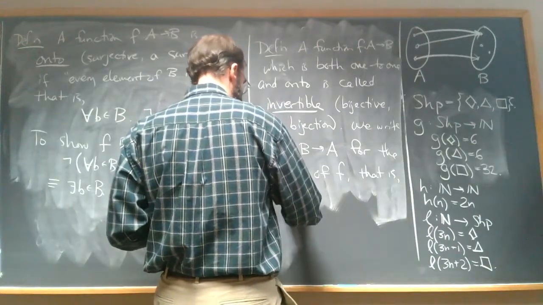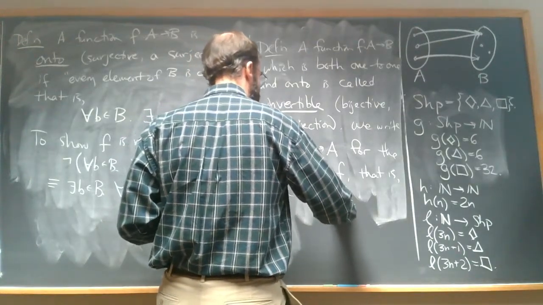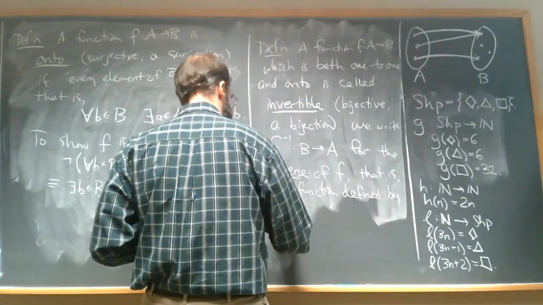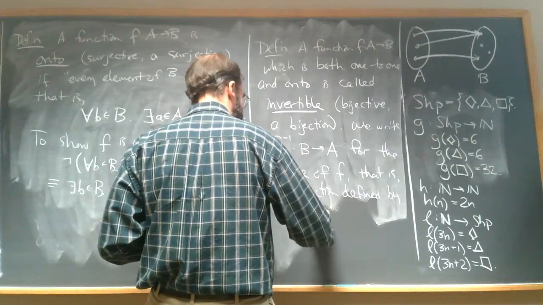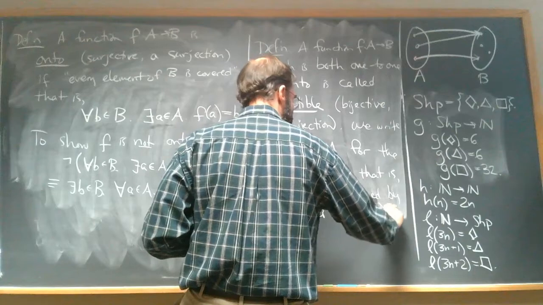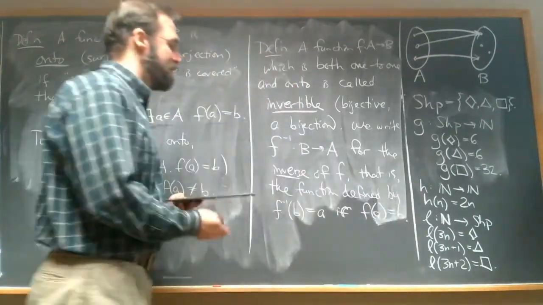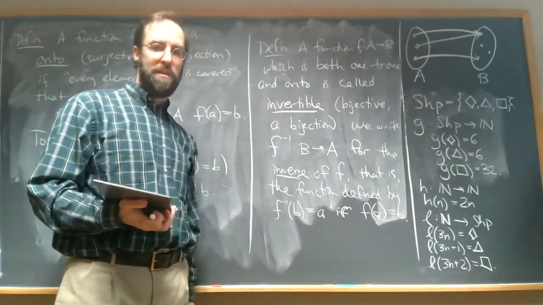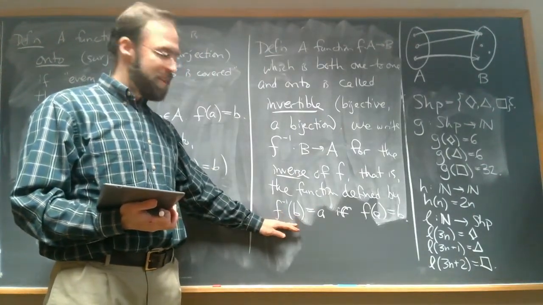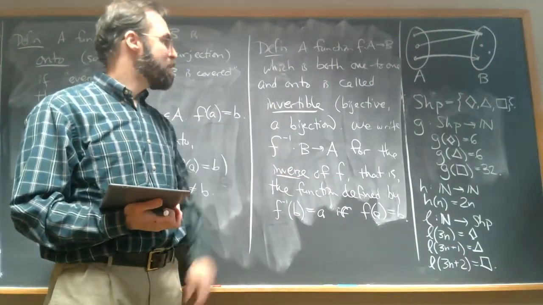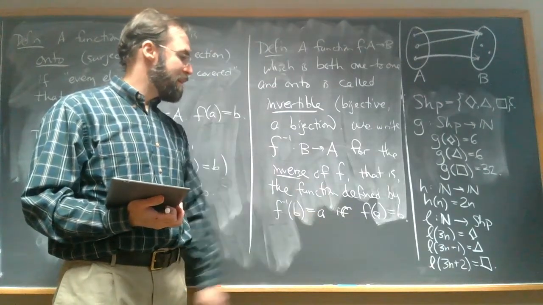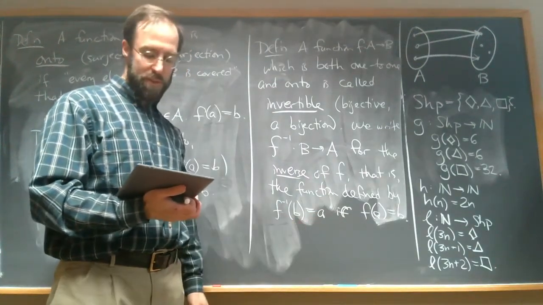The function defined by f inverse of b is equal to a if and only if f of a equals b. Okay, so it does exactly the opposite of whatever f did. And the fact that this is a well-defined valid function depends on the fact that f is both 1-to-1 and onto, because otherwise, we can't flip it around. This would not be a valid function.